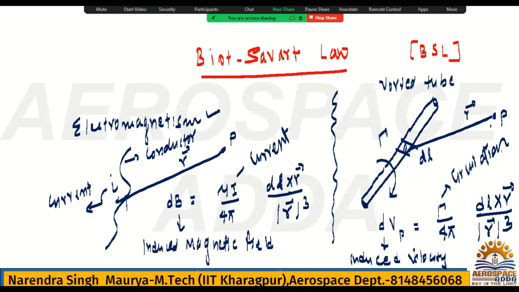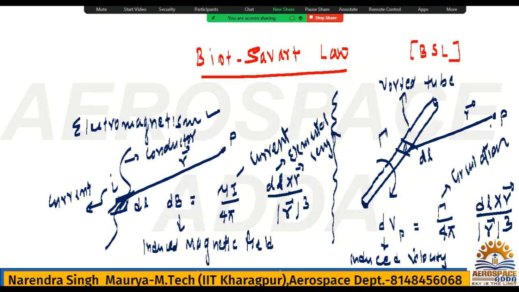dl is the elemental length. Here I can say this is the elemental length for the part you are calculating. Same thing here also, this is dl, the elemental length. This is the conductor, and this is the vortex tube.